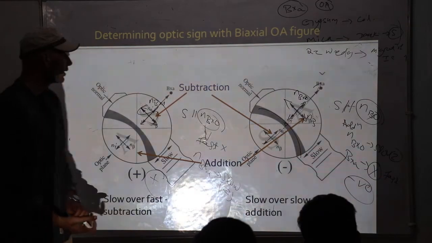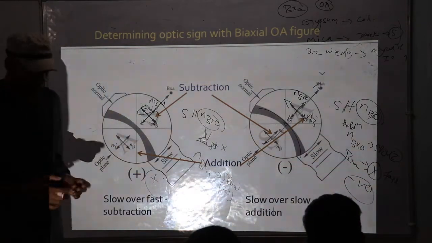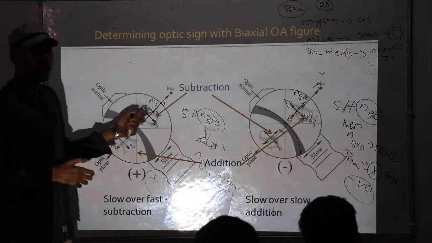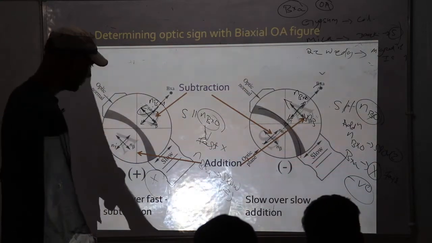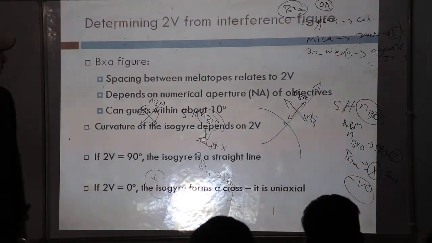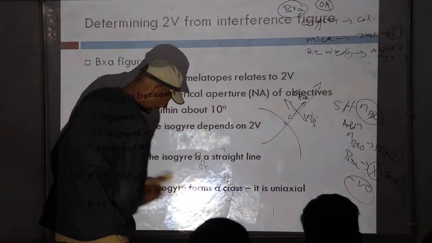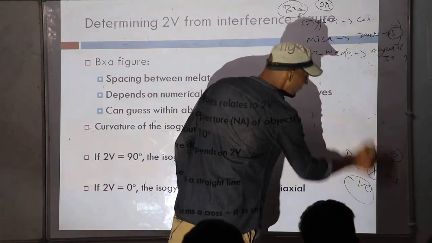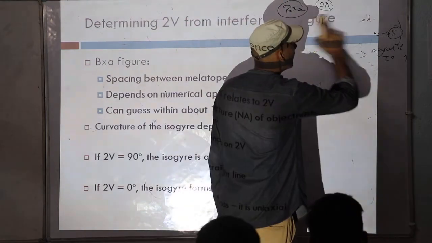Got that? So these are all about your optic sign of biaxial mean line for both the cases, acute bisectrix figure and optic axis figure. Now, determining the 2V angle. So how to determine the 2V angle?